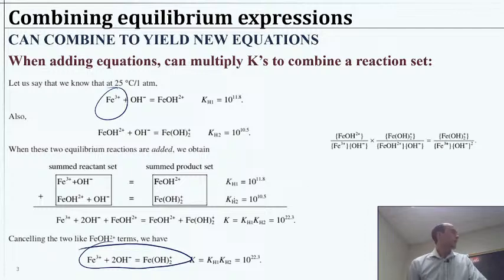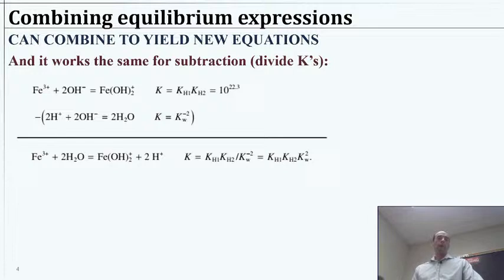Another good question there. Okay, so kind of pretty straightforward when I say it that way, but I think that's not necessarily intuitive till we stop and think about it. The same is true if we divide, or subtract rather, then we can divide. So if we were subtracting two equations to simplify, we can do the same thing, except we're dividing the K's.